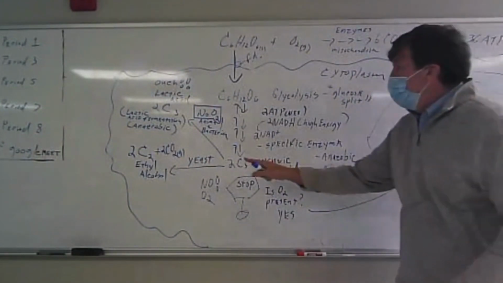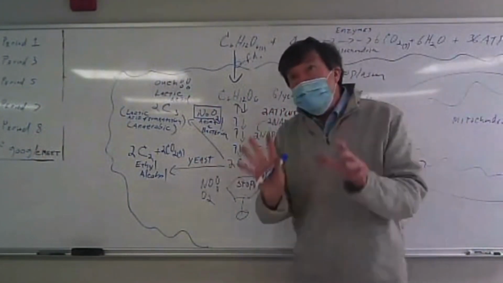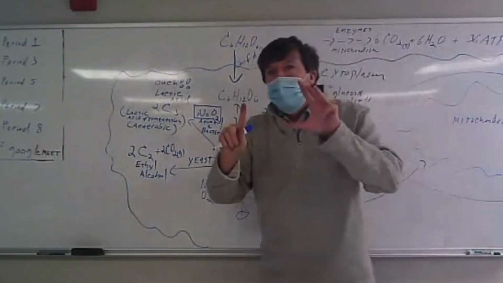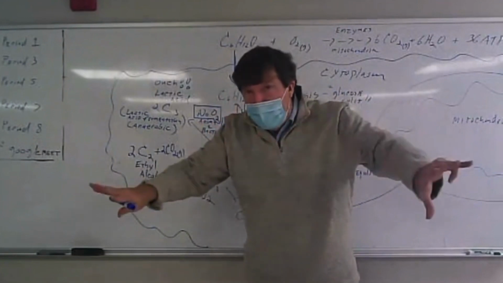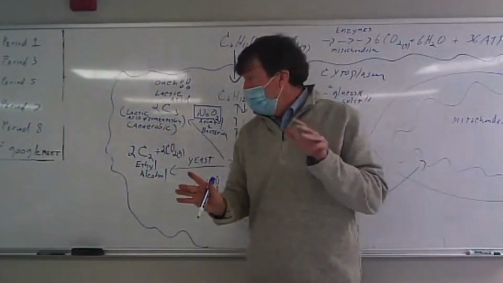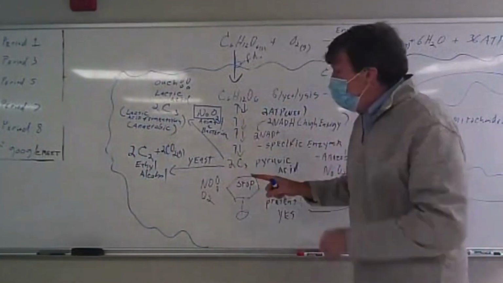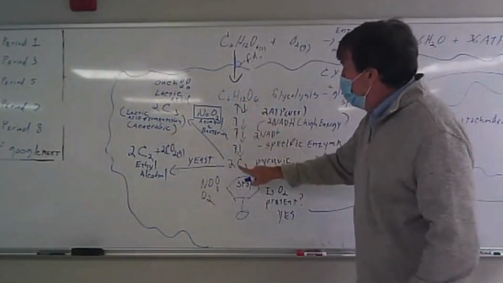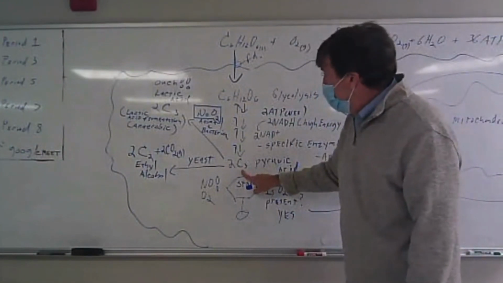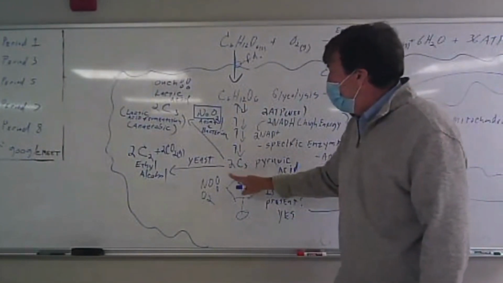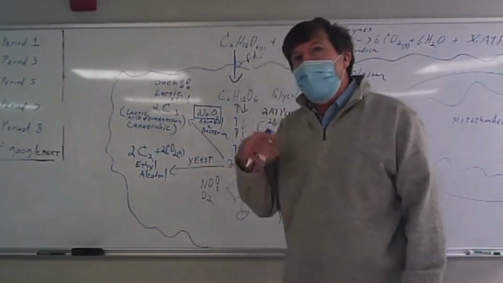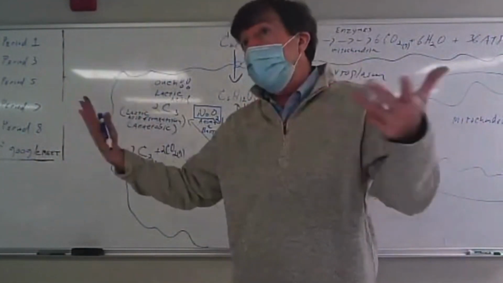So notice, if we take yeast, we give them food, we prevent oxygen from entering the system here. The yeast will break down the sugar. The sugars were originally in the grapes, right? And they'll convert the pyruvic acid into ethyl alcohol. Make a note that the ethyl alcohol is the alcohol that's in beer and wine and spirits.